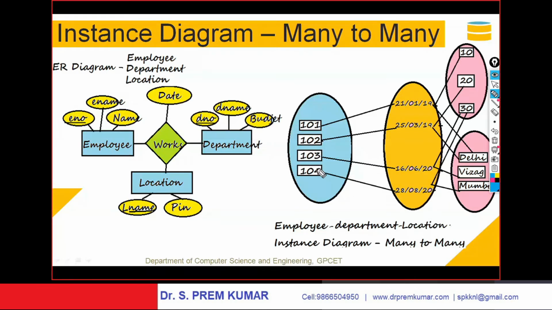You can see the employee numbers, the departments, and the locations they are working. This is nothing but an instance diagram, where we take some sample data and work it out.